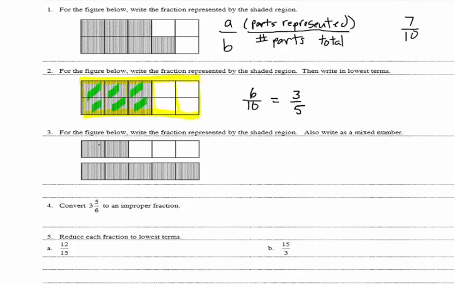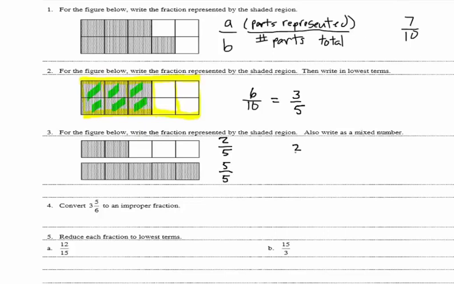For 3, we want to write the fraction represented by the shaded region and also write it as a mixed number. So in this top figure, we have 2 shaded regions out of 5 total. In our bottom shaded region, we have 5 shaded regions out of 5 total.